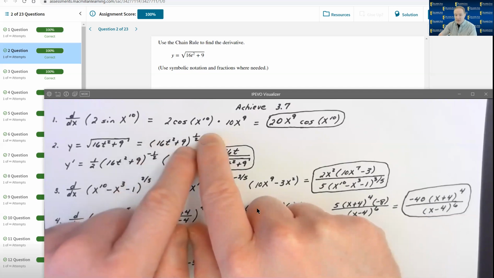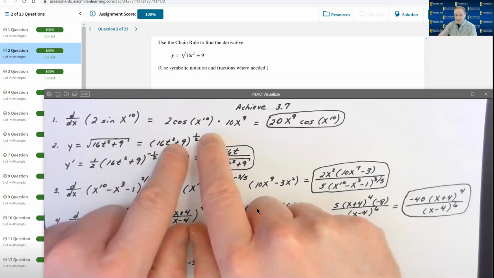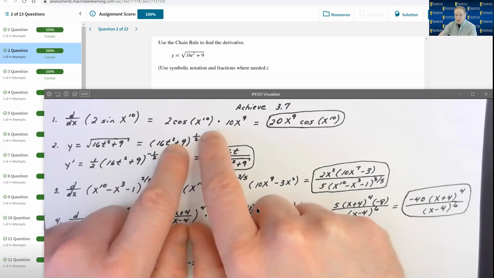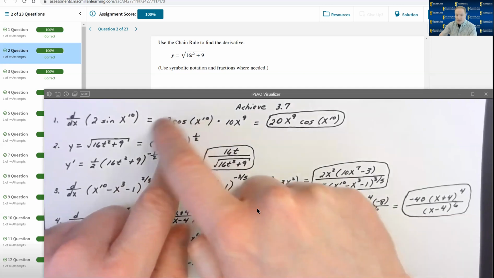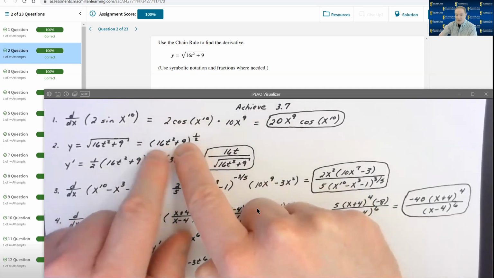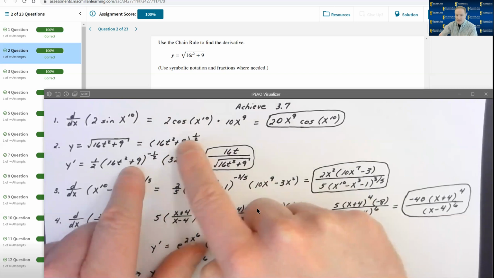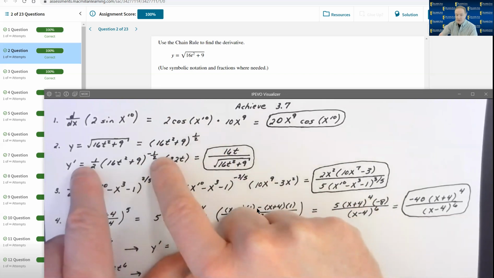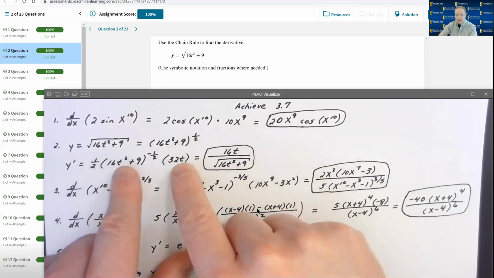Now it's clear that my inside function is 16t squared plus 9. My outside function is x to the 1/2 power. Take the derivative of the outside first. 1/2 comes down in front of the group, left alone on the inside. Decrease the power by 1. All of this is the derivative of the outside. Then you have to say times the derivative of the inside. Well, the derivative of what's inside this function is 32t.